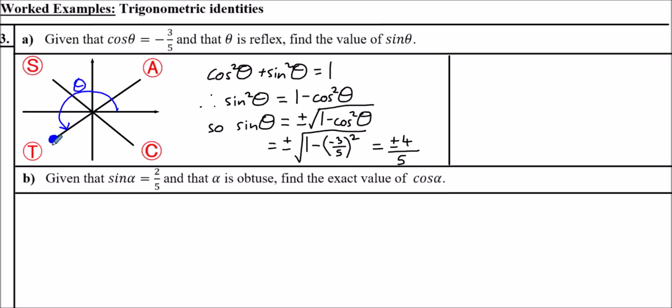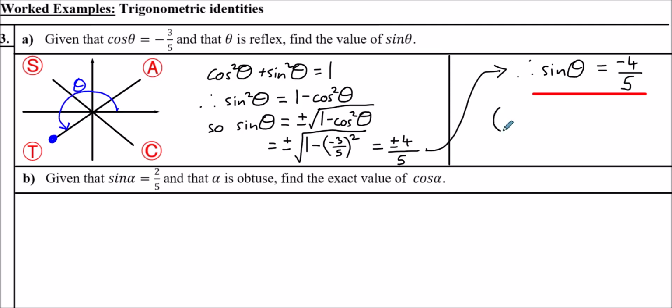Only tan is going to be positive here. Therefore, cos and sine are going to be negative. So from this, we can say that therefore, sin theta must actually be the minus option. So sin theta has to be minus 4/5.